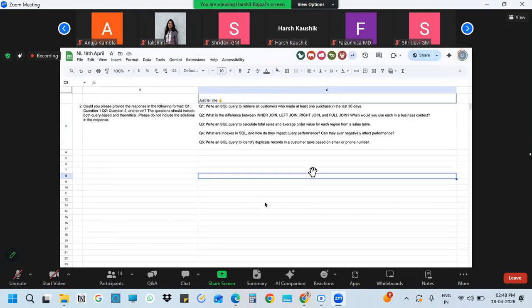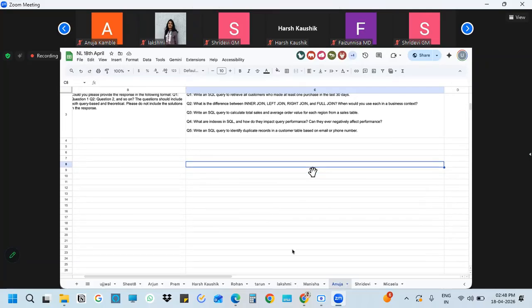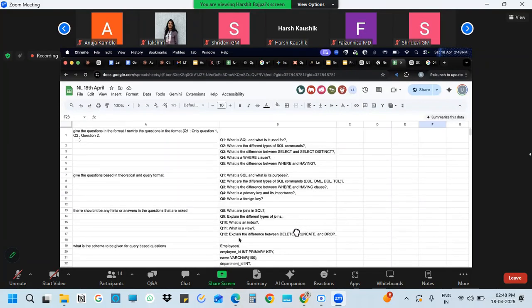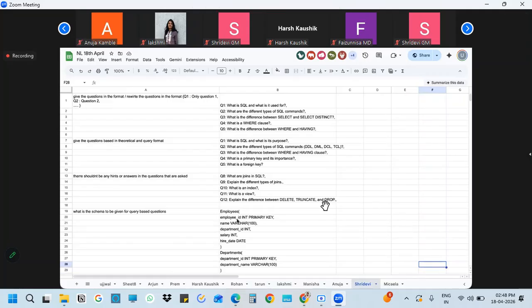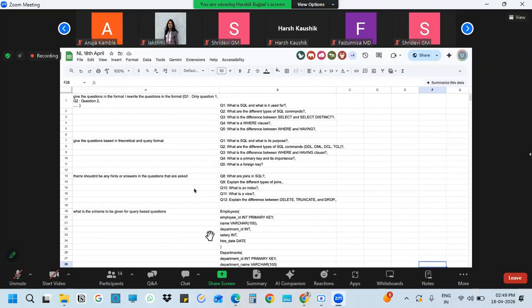The issue that we are getting is we are getting questions of similar category. I'll explain that in a minute. So we have Sridevi. Sridevi, which is the prompt here? There shouldn't be any hints or answers in the question that are asked.